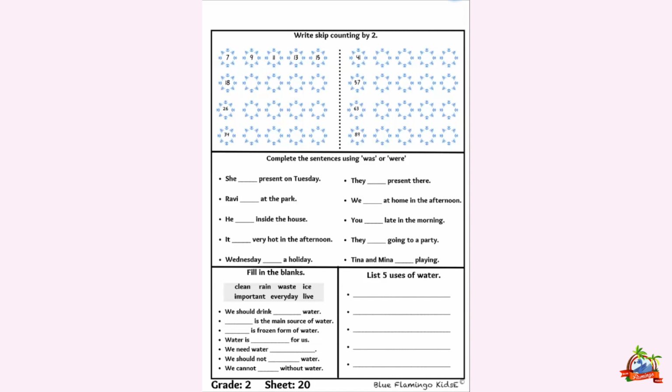Now, let's move to the last section, which is of EVS. This EVS section is divided into two questions. The first question is fill in the blanks. Some helping words are given and we have to use these helping words to fill these sentences.